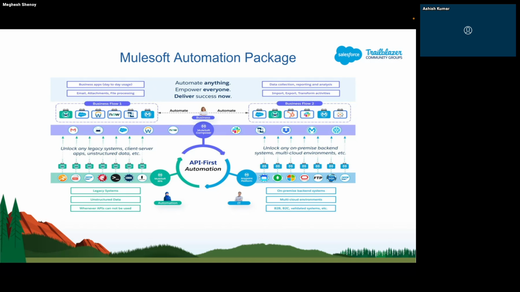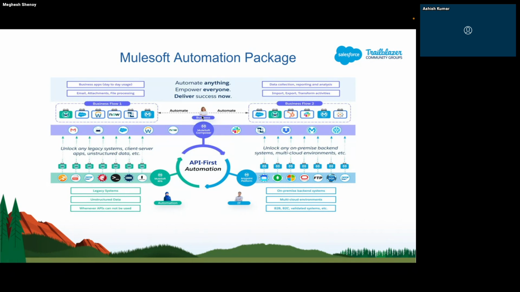RPA stands for Robotic Process Automation, where a bot does the task for you, like moving a mouse or typing keywords, everything done automatically by the bot itself. This is where you can get the data from your legacy systems which don't have any APIs exposed.